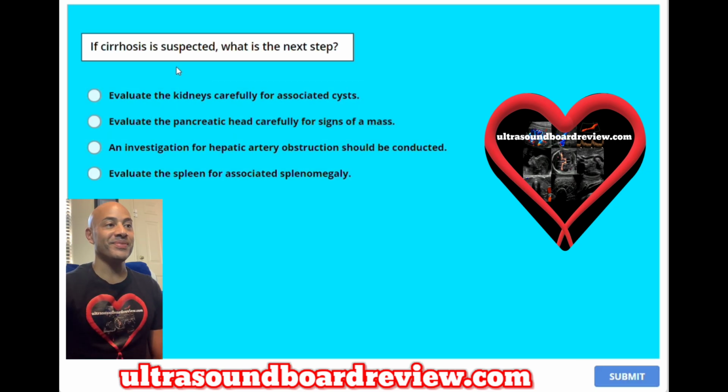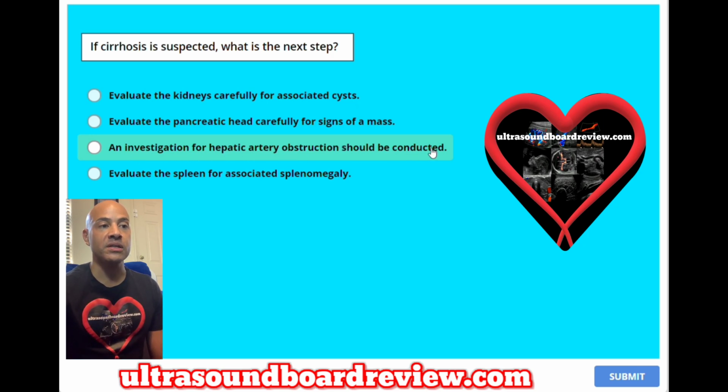Bonus question number 12. If cirrhosis is suspected, what is the next step? A, evaluate the kidneys carefully for associated cysts. B, evaluate the pancreatic head carefully for signs of a mass. C, an investigation for hepatic artery obstruction should be conducted.